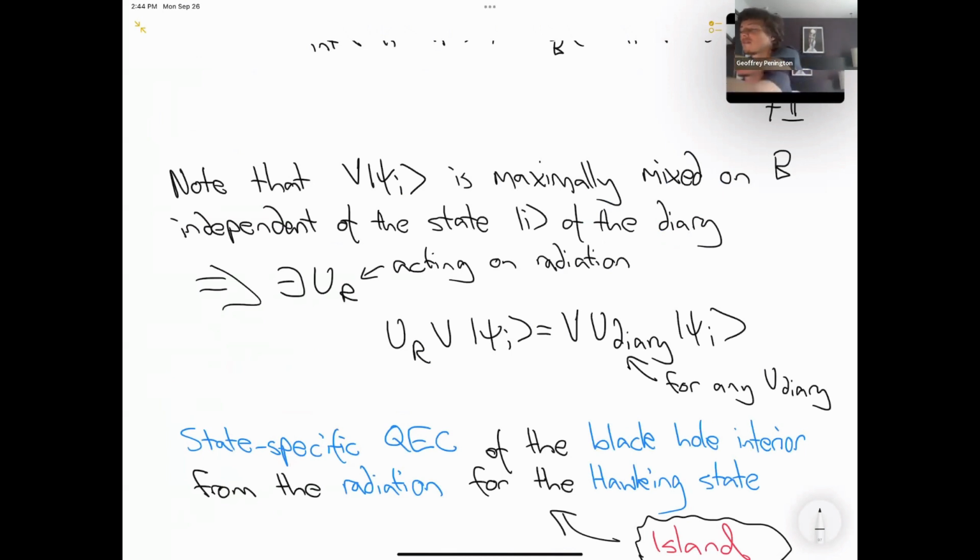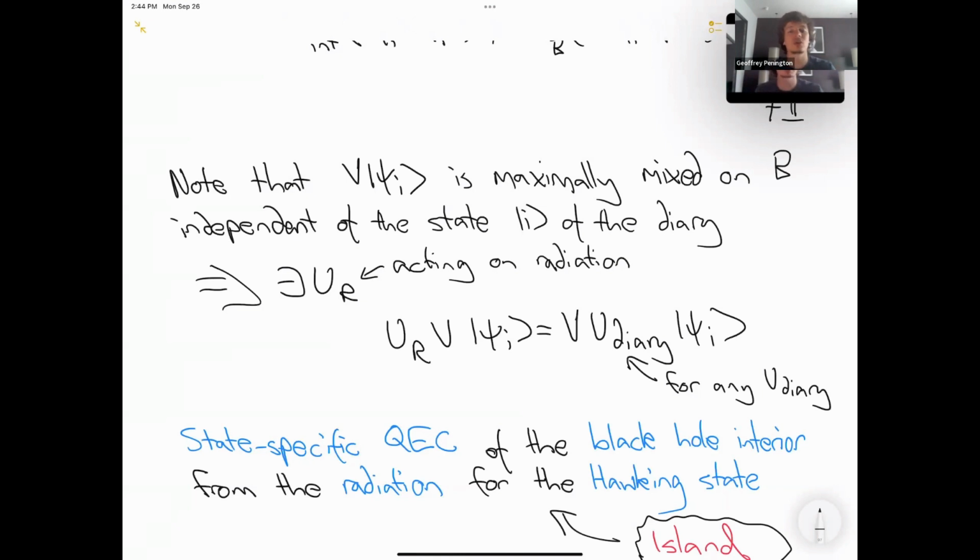And so that means that for any unitary acting on the diary, we can always find a unitary acting on the radiation such that U_R acting on V of psi I equals V acting on U_diary psi I. So we can find a U_R that does state-specific quantum error correction of the black hole interior using just the radiation.